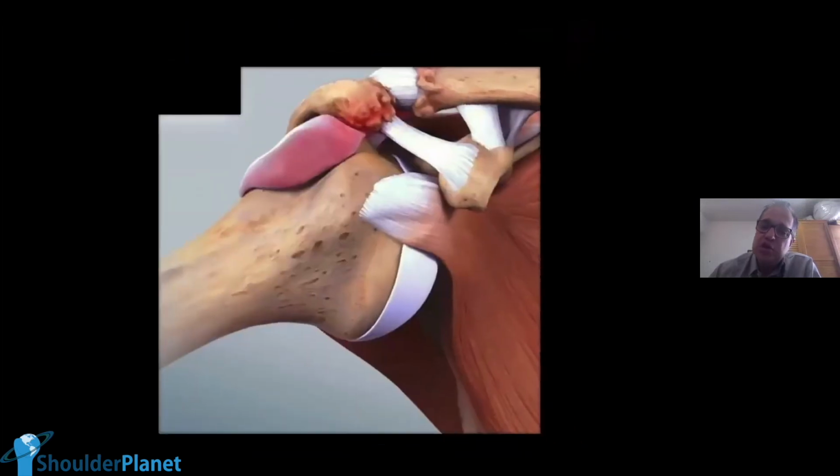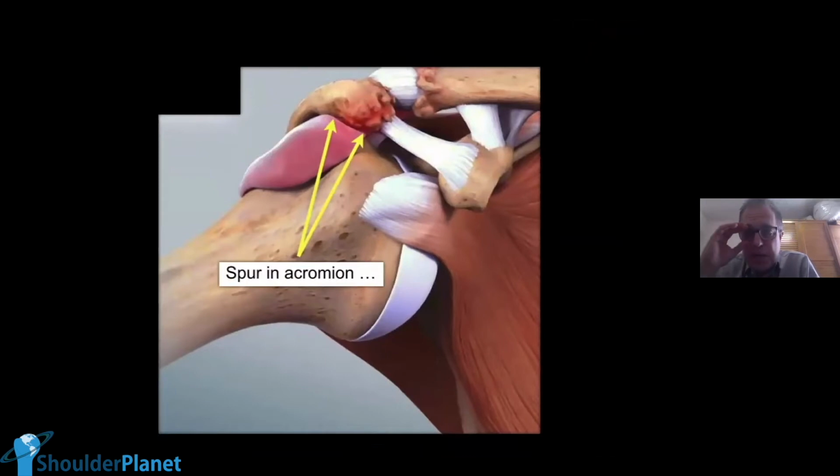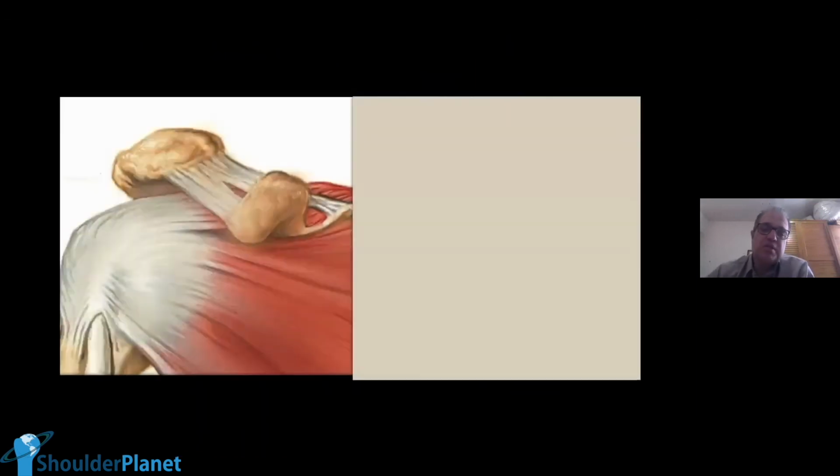And this is another shoulder in which I can see a spur here, which is damaging the rotator cuff like a knife, so to say. It's impinging upon the rotator cuff. And this is why we call the problem impingement syndrome. So this is a normal shoulder on the left, absolutely no spurs.